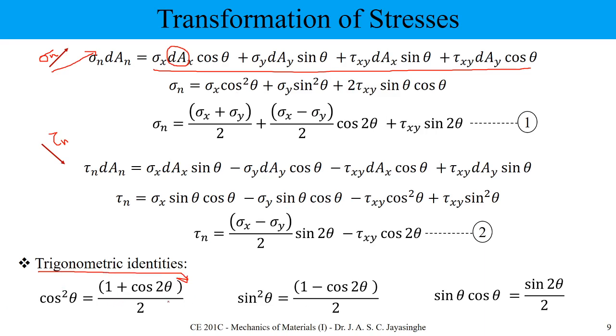Now introduce these relations: cos square theta is equal to this, sin square theta is equal to this, and 2 sin theta cos theta is sin 2 theta. Introduce these and you end up with this simple equation. This is the variation of normal stress with theta.